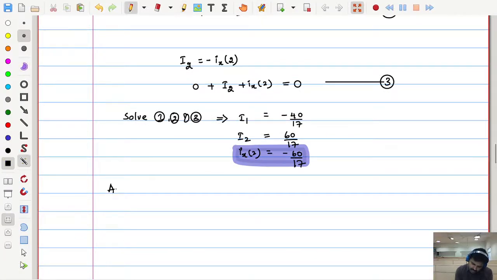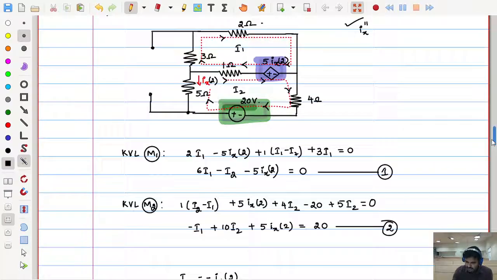Now according to the superposition theorem, what can we say? Ix is equal to Ix of 1 plus Ix of 2. How much is Ix of 1?